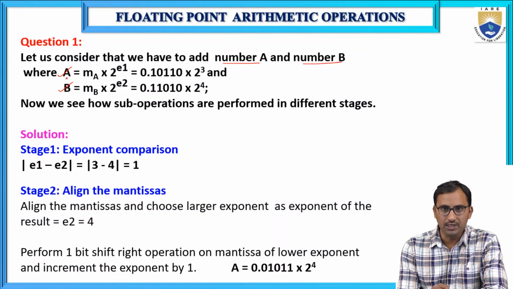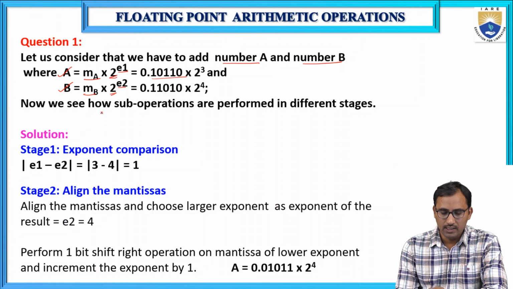The first number has mantissa M_A, base 2, and exponent E1, and the number is 0.10110 into 2 power 3. The second number B has mantissa M_B, base 2, and exponent E2. Here we are assuming binary numbers, that's why the base is 2. The second number is 0.11010 into 2 power 4.